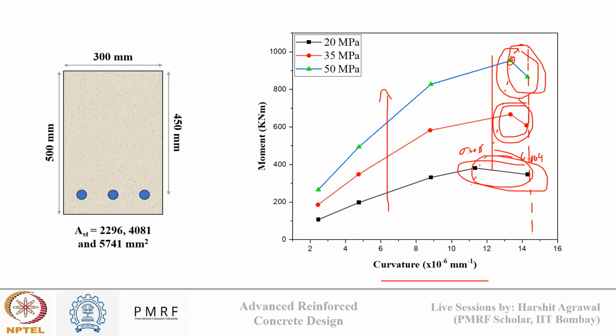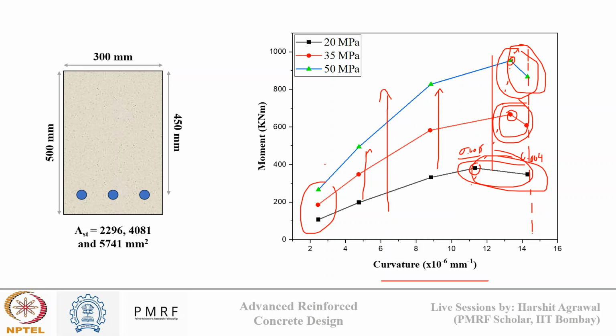These three points are for 0.0035, so you can see the curvature is increasing. Here also a slight increase, here a very slight increase, here it is almost the same, and here a slight increase. So mainly the change happens in the moment capacity and not in the curvature.